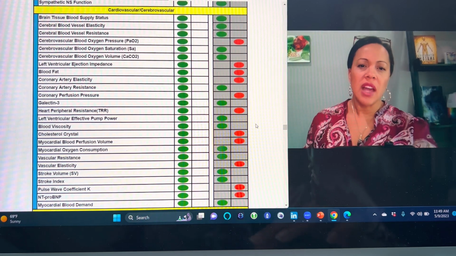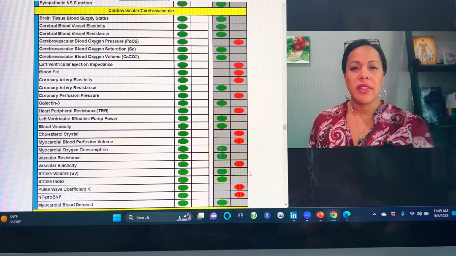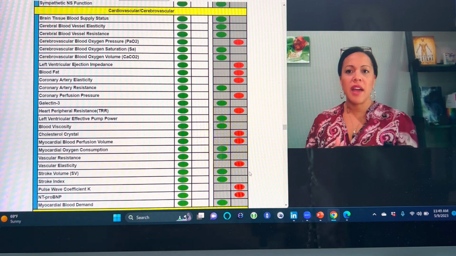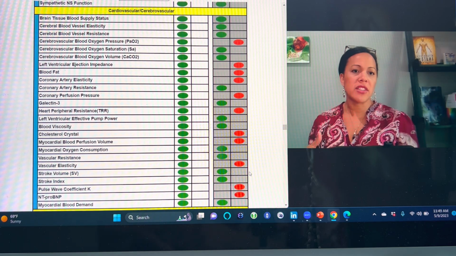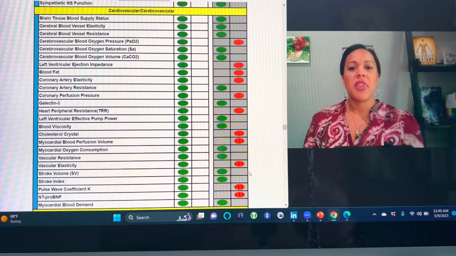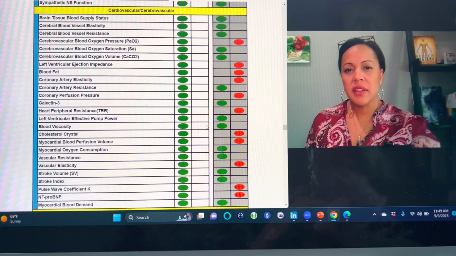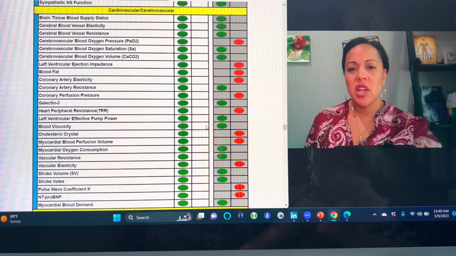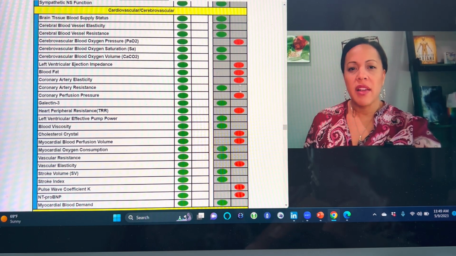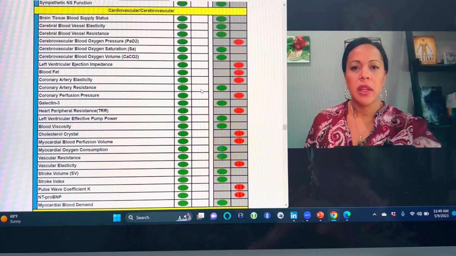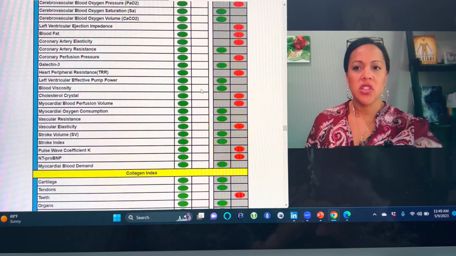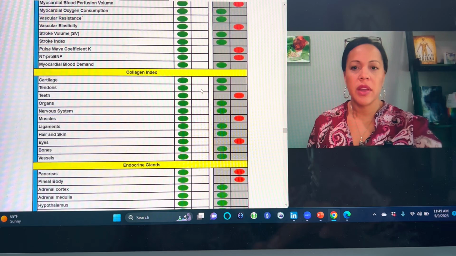The fact that they had a lot of reds, I would make note that they may have that tendency to have some cardiovascular or cerebral vascular issues. The fact that they did optimize, I'm happy to see that, but the next visit I'm still going to double check and make sure that these are either less, or just keep track of that just for prevention, because the category is a sensitive category.